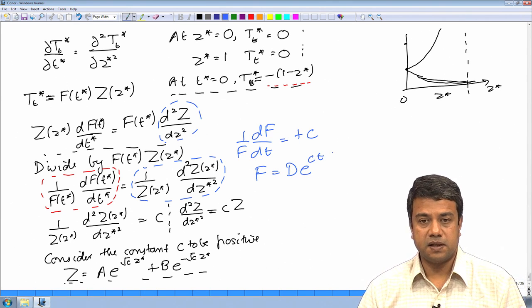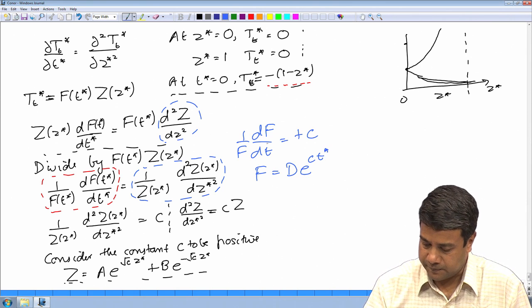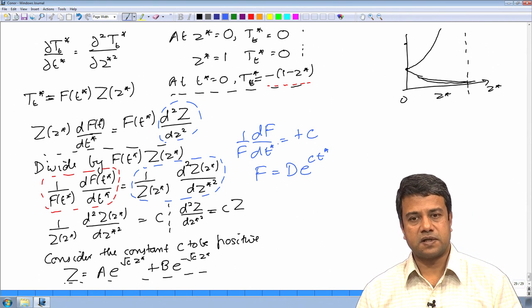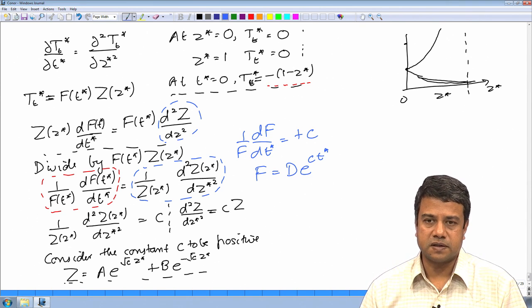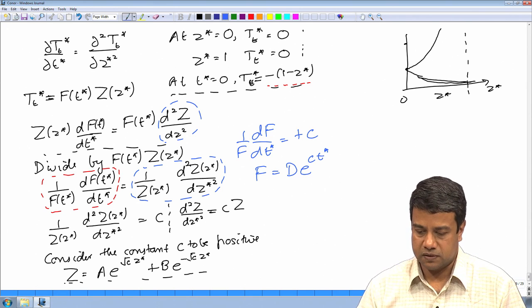This is an exponentially increasing function in time. So, this function never decreases to 0 in the long time limit. So, clearly a positive constant will not give us a non-trivial solution.